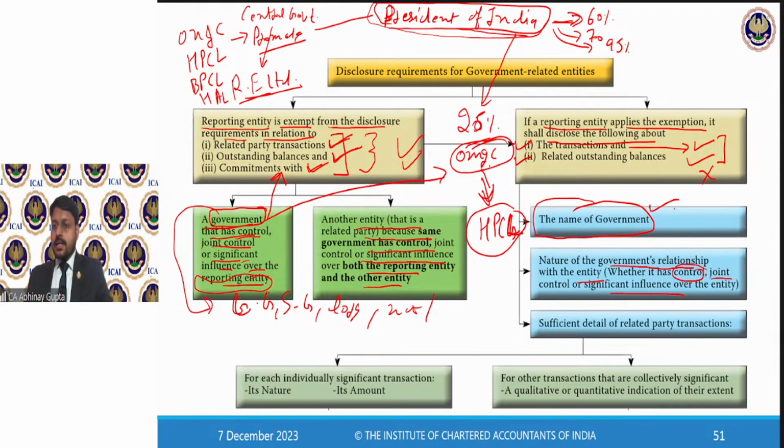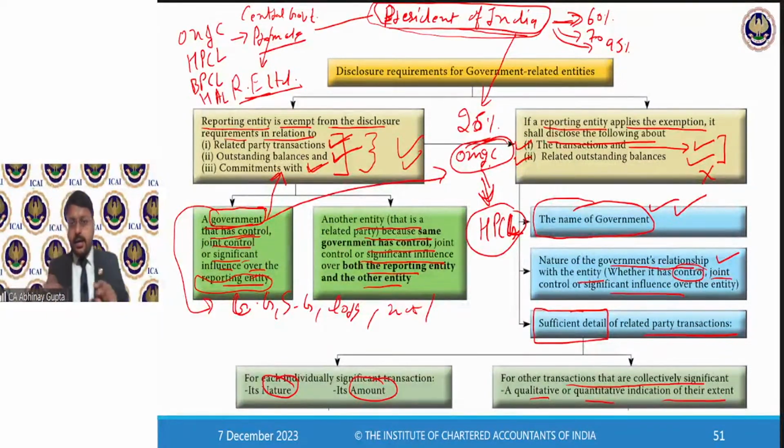So I will state the name of the government and the nature of the relationship. And then sufficient detail of the related party transactions. That detail would be the nature of the transaction and the amount of the transaction. And then for other transactions that are collectively significant, a qualitative and quantitative indication of their extent.